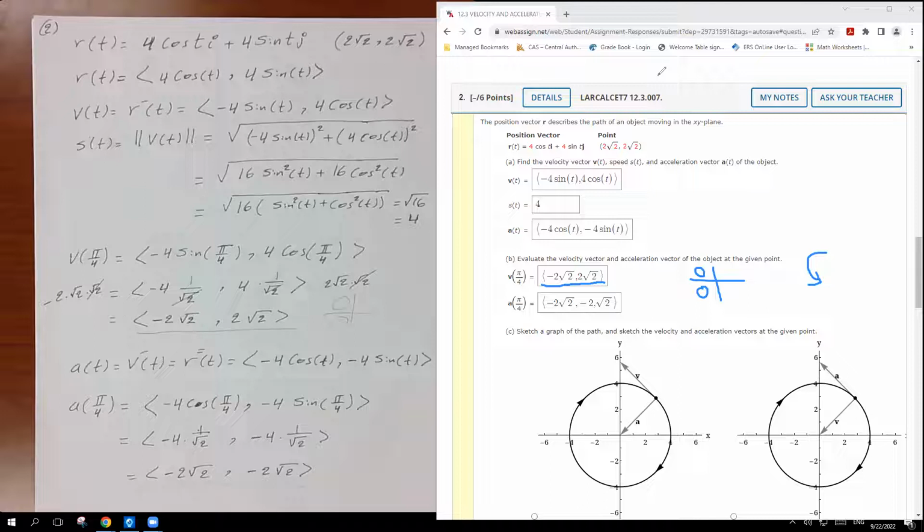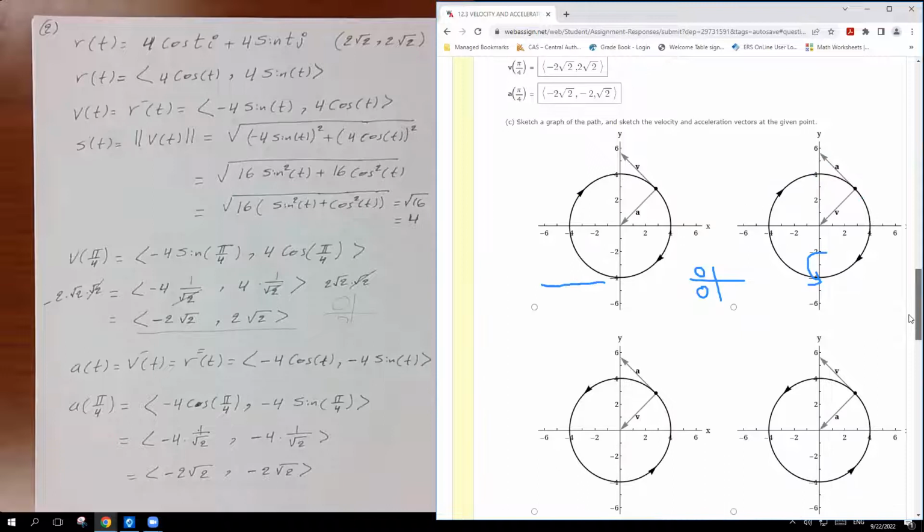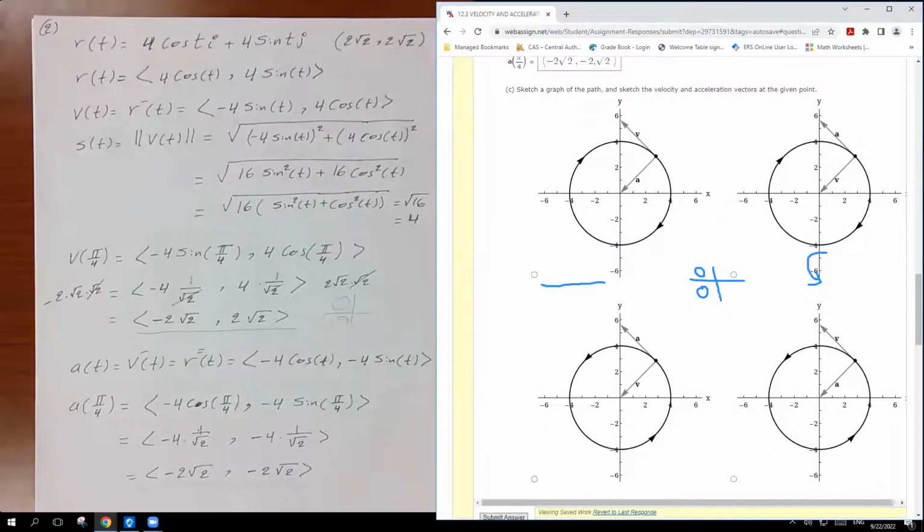Let's go down to the next 2 graphs here and let's check. So here's the point we have, which is -2 square root of 2, 2 square root of 2. That means here are these two vectors. Let's check the velocity. The velocity goes to which point?